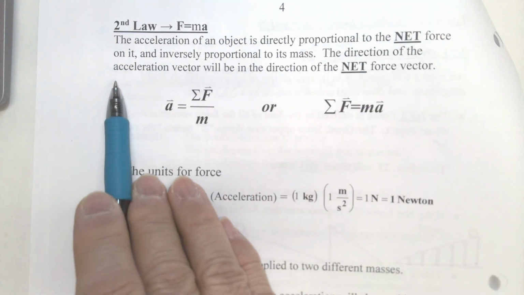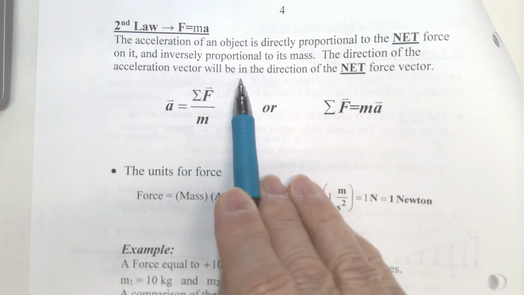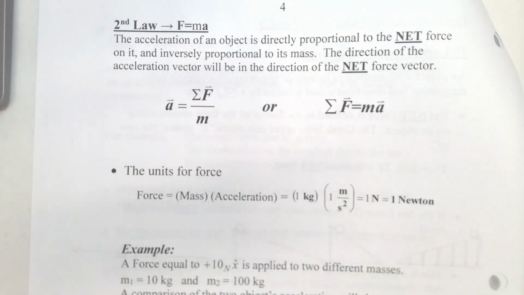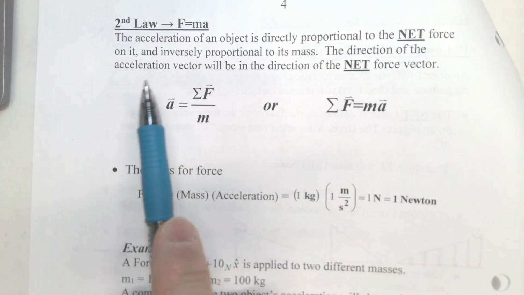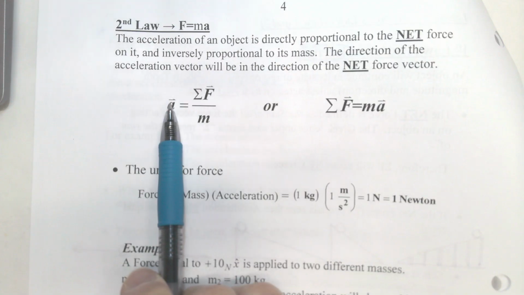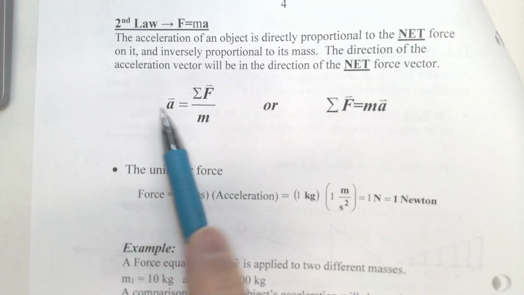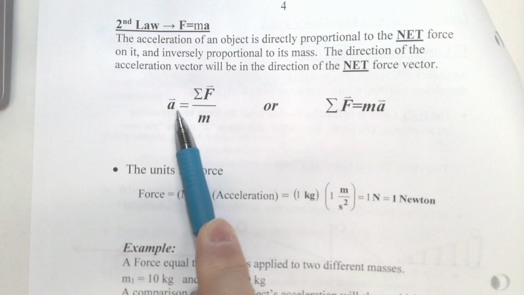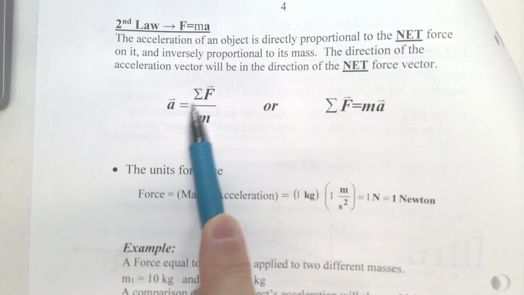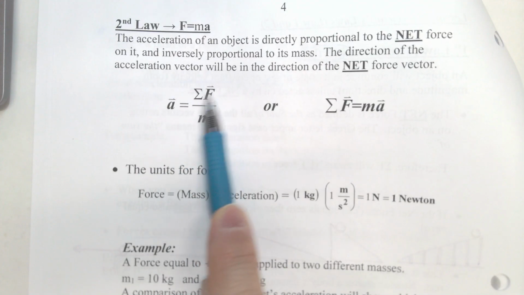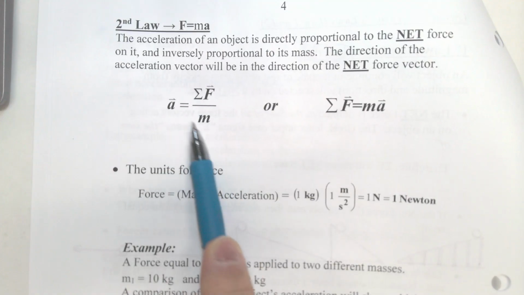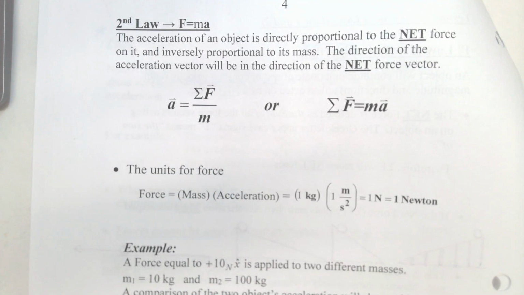The direction of the acceleration vector will be in the direction of the net force vector. So first of all, the direction of acceleration and direction of net force will always be in the same direction. And acceleration will be directly proportional to the net force acting on the object and inversely proportional to its mass.